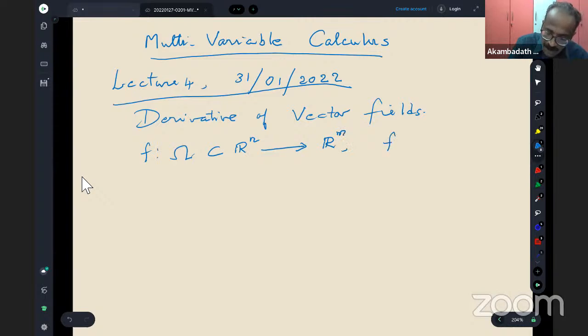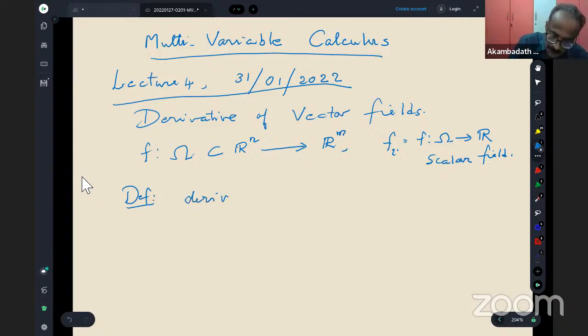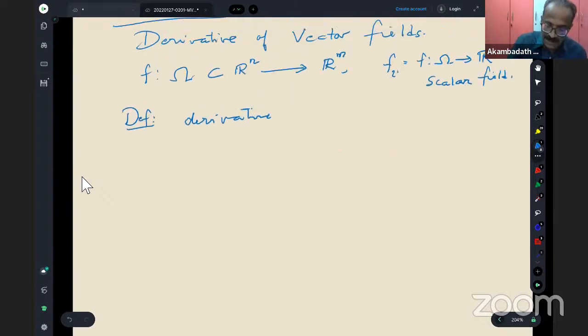You have your f_i, from Omega to R, which is a scalar field. So you can give the same definition of derivative, the first thing, derivative along a direction. Only thing is that it's a vector, so be careful while dealing with it.